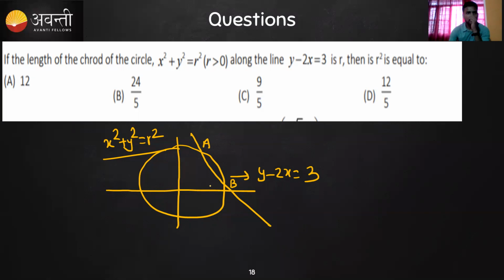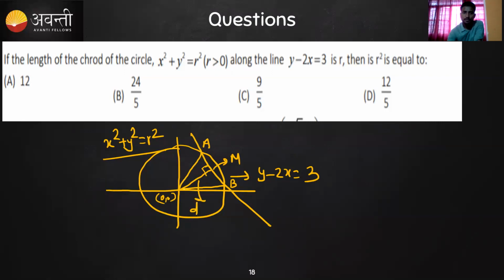Okay. And what we can do, so I'm just doing this. So this is this, and you can also take this perpendicular, right? And suppose this point is basically M, and this is 0, 0. So what we can do, guys, we know this is the distance, suppose d.